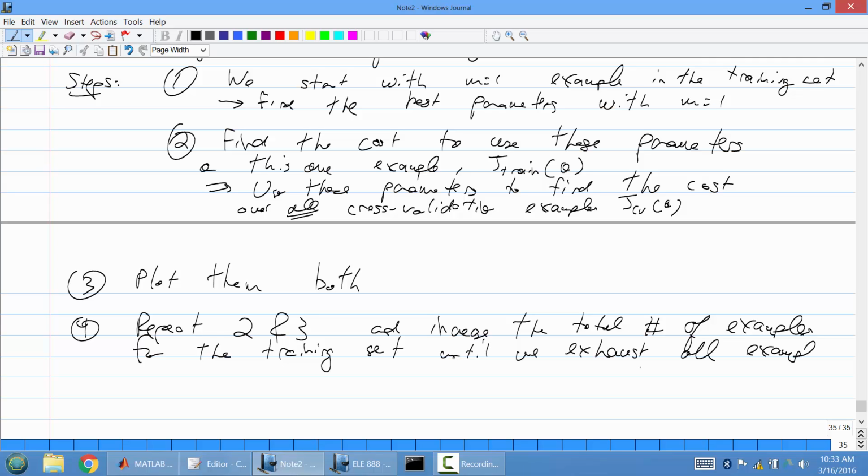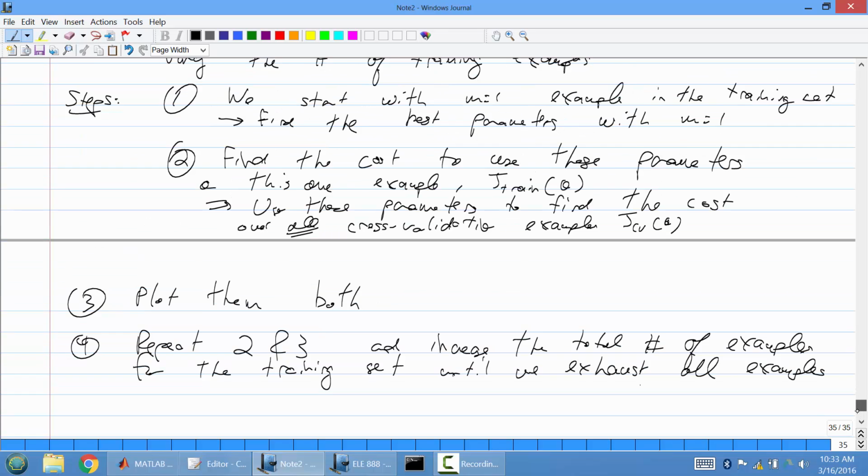So what you're going to do is start off with one example and some assumed model, and find the best parameters to fit through that one example. Use those parameters to figure out what the cost function is for the training data and for the cross-validation for all the examples, and then you increase the number of samples and repeat this until you exhaust all the examples.